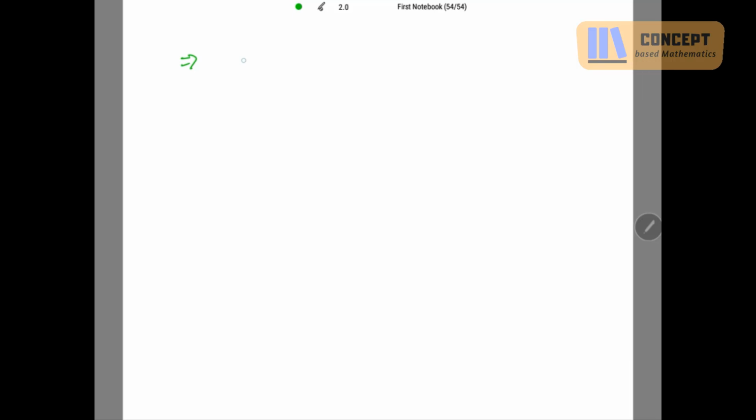Finally we got our result, that is, the diameter of E bar is equal to the diameter of E.